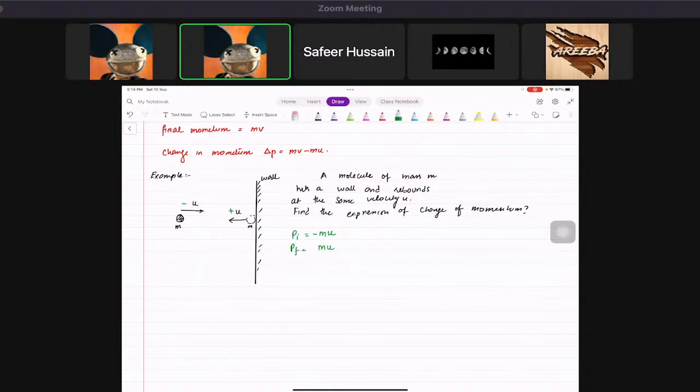When you take the change in momentum, final momentum minus initial, so final is mu minus initial, which was minus mu. So it's going to give you 2 mu. Do you understand? Yeah, sir. I understand the mistake. So always treat it as a vector quantity, never ever as a scalar, right?